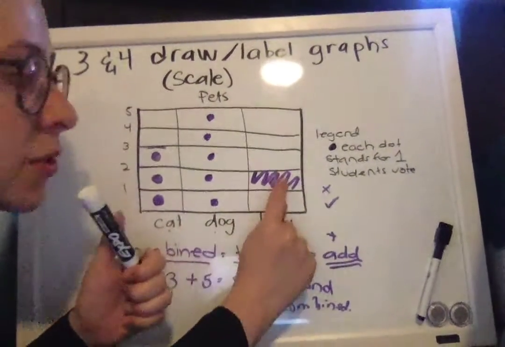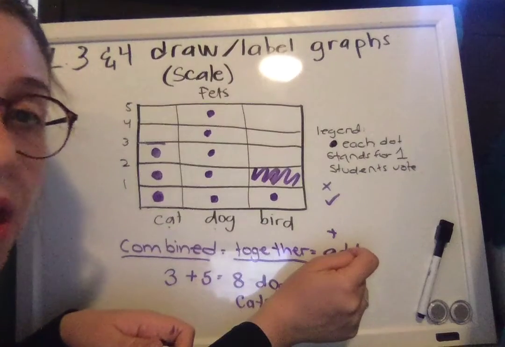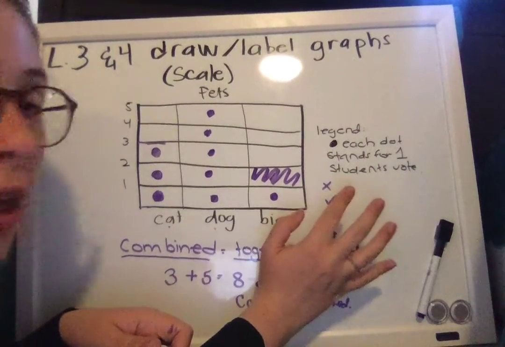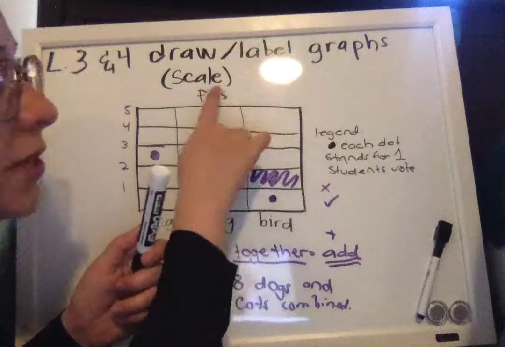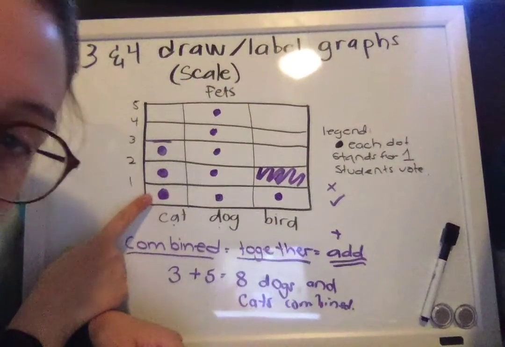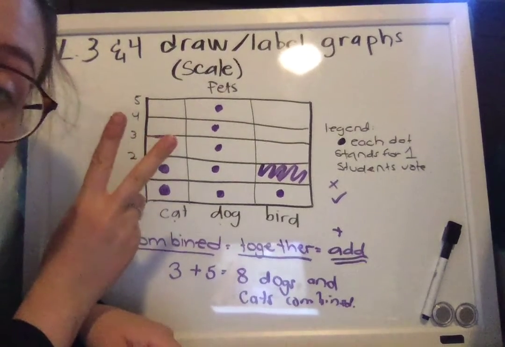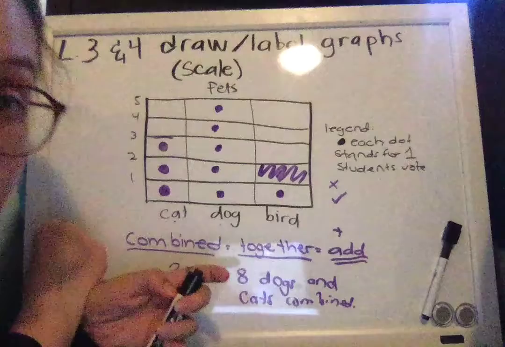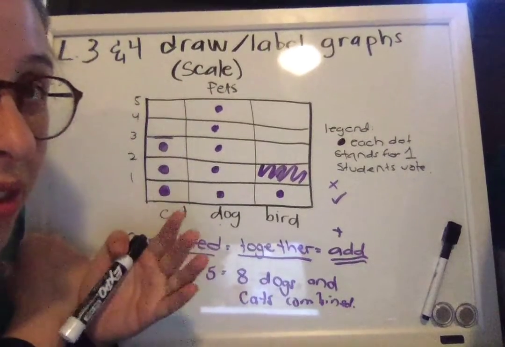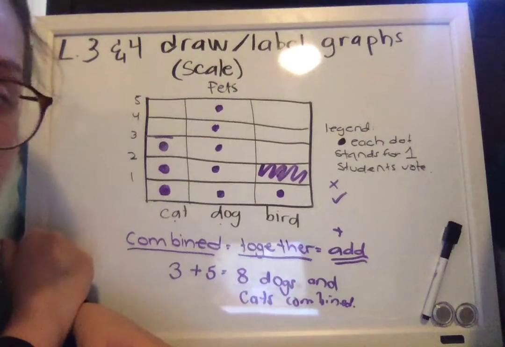That's telling you exactly where this is coming from, okay? Or where this scribble is coming from, or where this X or this check mark is coming from. So you have to make sure that you're reading the legend or the scale to know, well, is this one vote? Did one kid raise his hand for this vote, or did two? Because sometimes when you get older, like in 4th, 5th, middle school, high school, your graphs are going to get way more complicated.